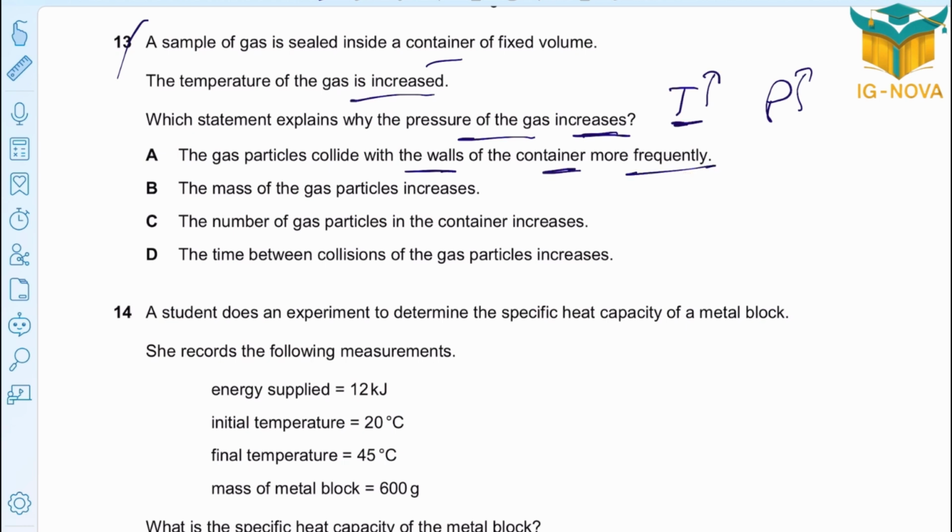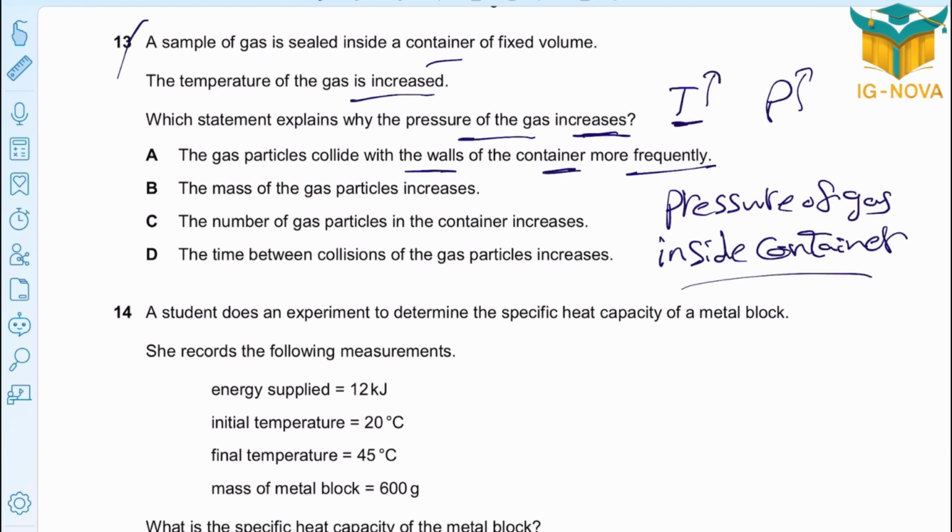Surely, yeah, because the pressure of gas inside a container is caused by the collision of the molecules on the wall. So the correct option is A.